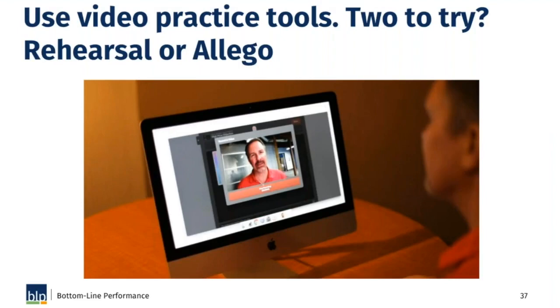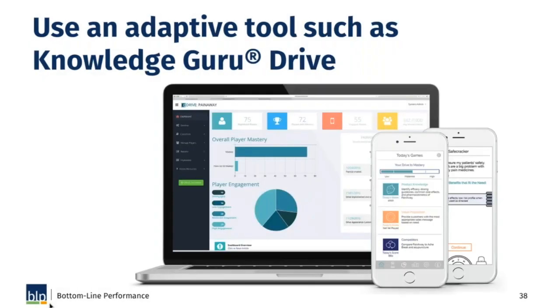If you want to enable practice and everybody's virtual and remote, you can consider adding video practice tools. Tools that we are familiar with and have seen are Rehearsal or Allego. They are very similar to one another and do the same thing, but the cool thing about them is that on average, people will practice 3 times before they finally upload a video for someone to look at, meaning they're getting lots of repetition.